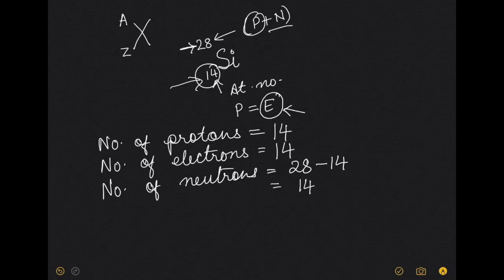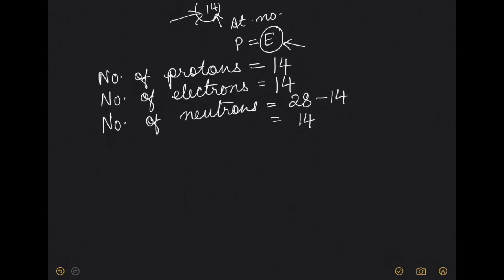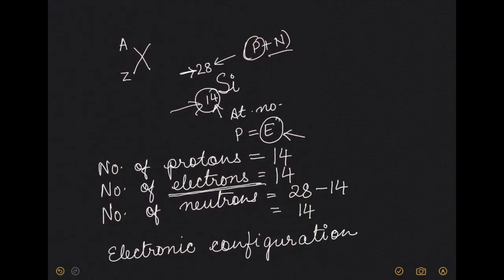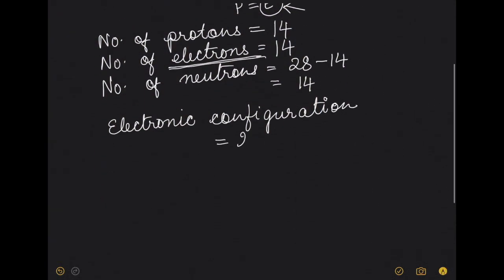28 is the number of protons and neutrons, and this is the number of protons, so you will subtract, which is equal to 14. Now before you draw the electronic structure of the atom, you have to write down the electronic configuration, which, as I already told you, is the arrangement of electrons in each orbit. So there are 14 electrons. The first will have 2, then next will have 8.